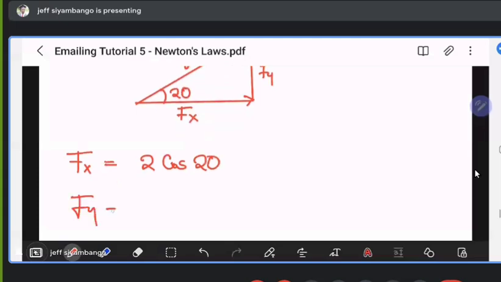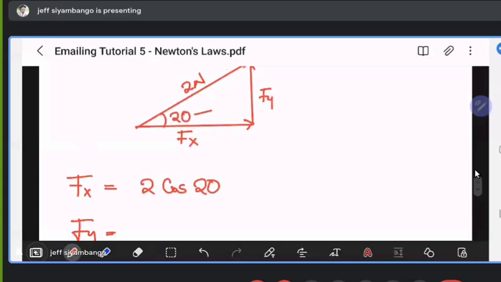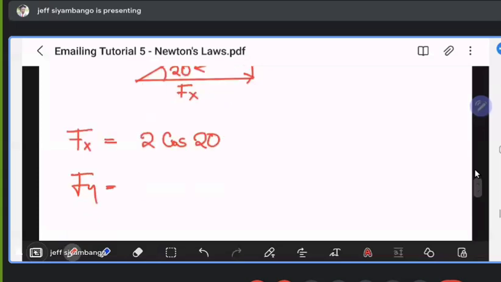To get the Y component, I see it is opposite to my angle, so I use sine. The Y component will be equal to the vector itself, which is 2, then sine, then the angle I was comparing with.